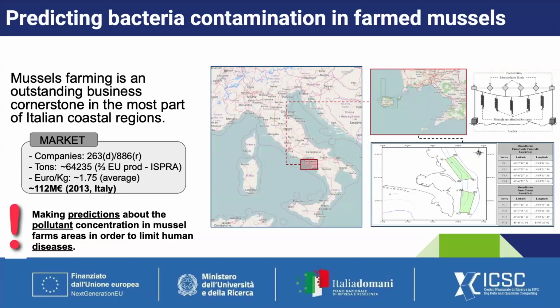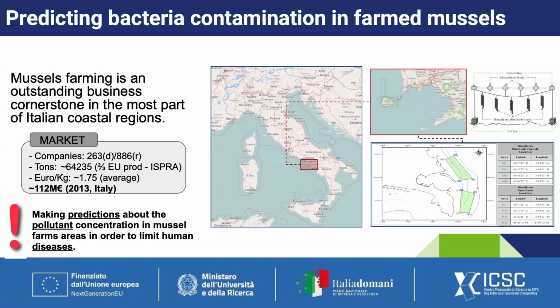This is a pretty ambitious project that has now finally ended from the research point of view. Actually, not ended, but now it has started in the maintaining state, and the local health organization pays us to keep the system up and running. The target of this application is predicting bacteria contamination in farmed mussels.